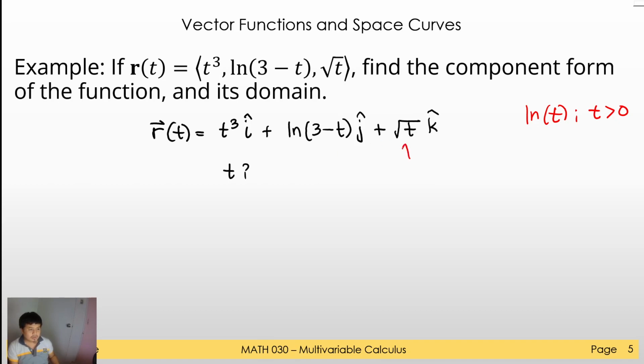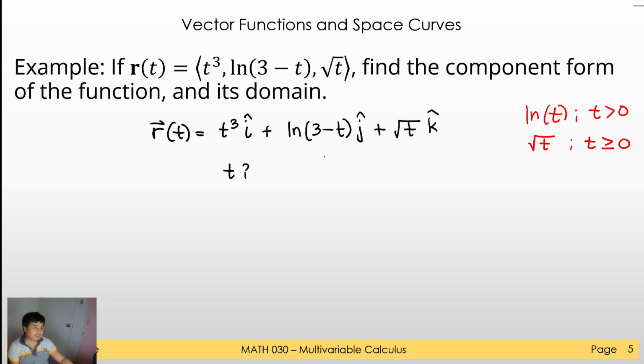So this should not be a negative number. Let's say if you have the square root of t, the t here should not be less than 0. So this should be greater than or equal to 0.